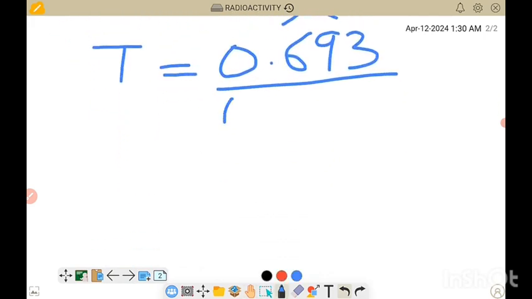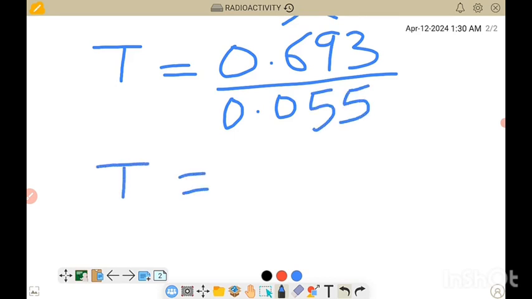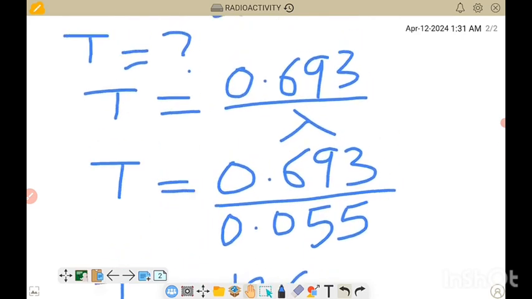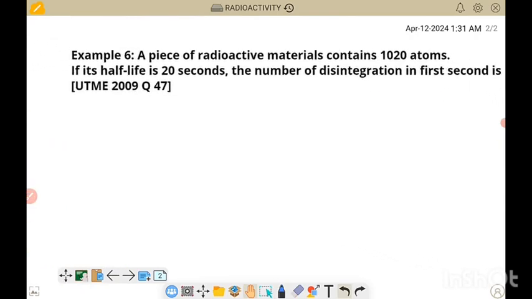If you press your calculator, the value of half-life will be equal to 12.6 seconds. That will be the value of half-life, and that's as simple as that. Let's move to the next example because of our time.